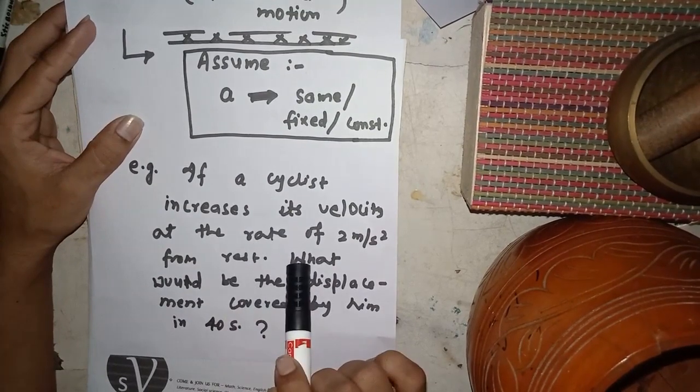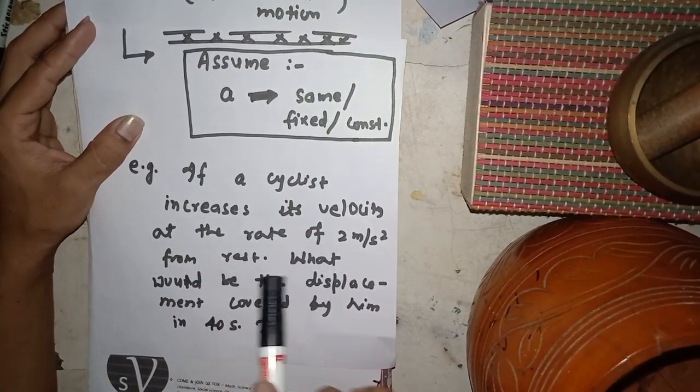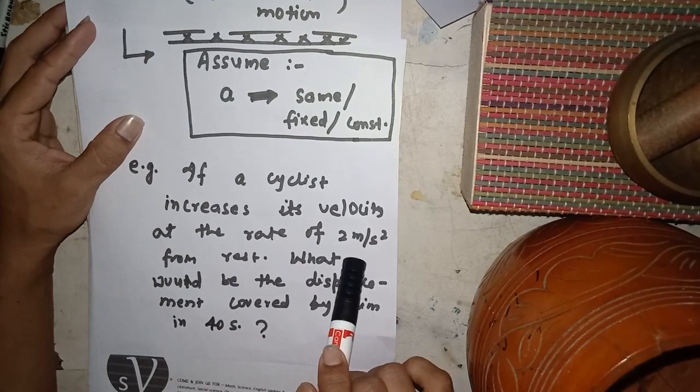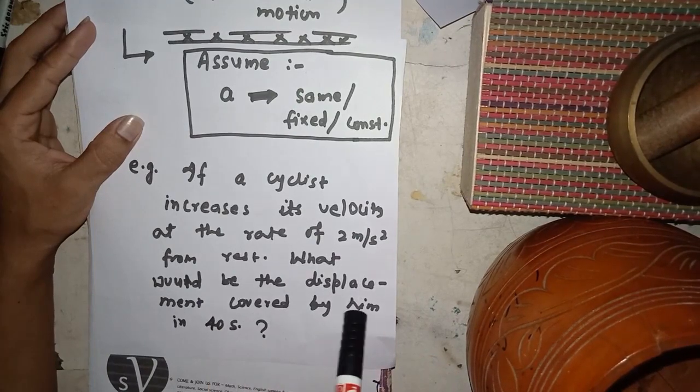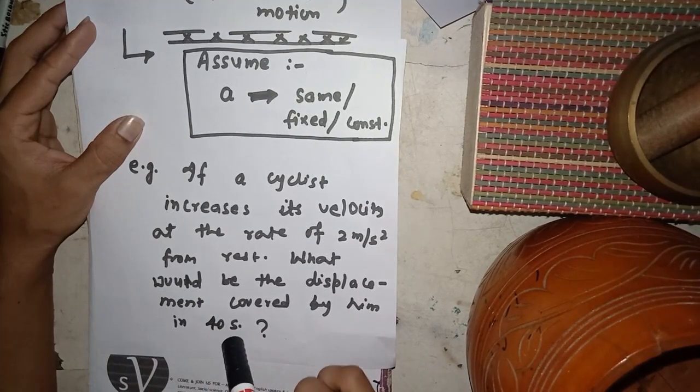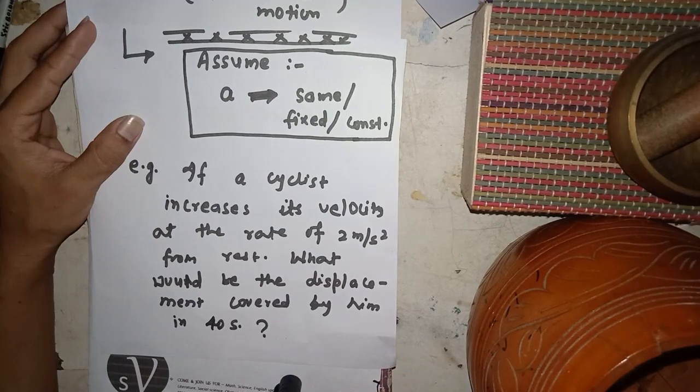If a cyclist increases its velocity at the rate of 2 meter per second square from rest, what would be the displacement covered by him in 40 seconds? What will be the answer?